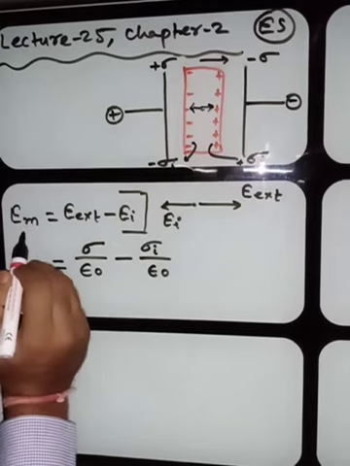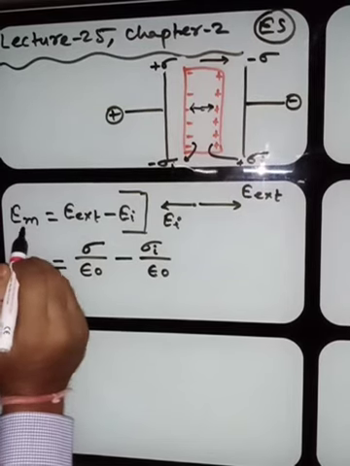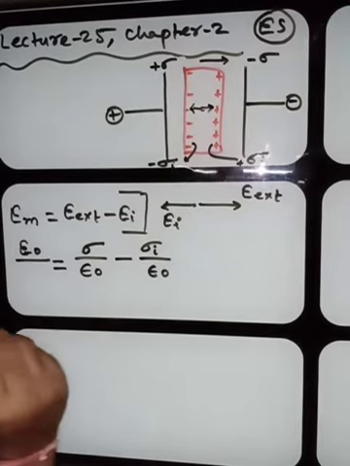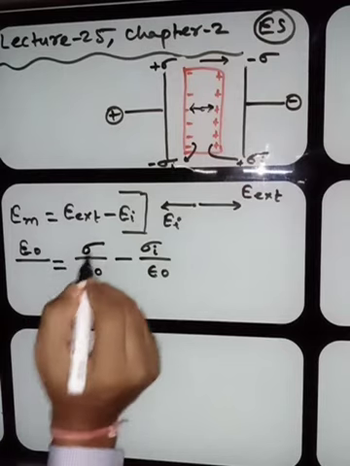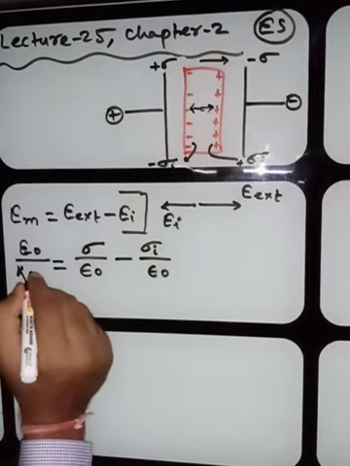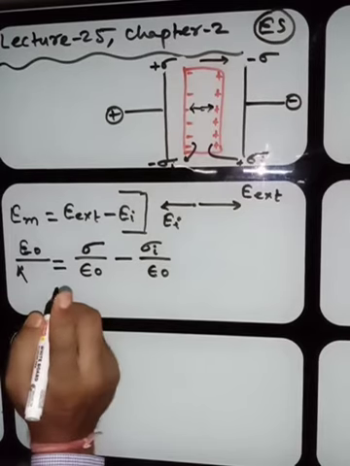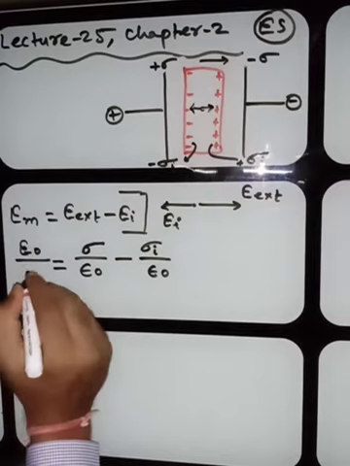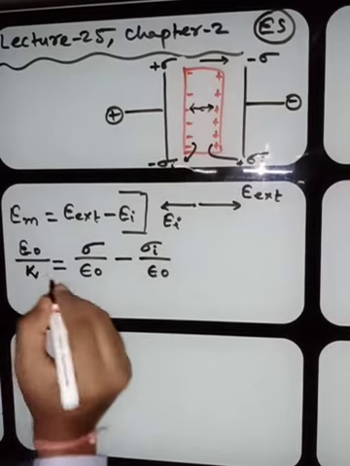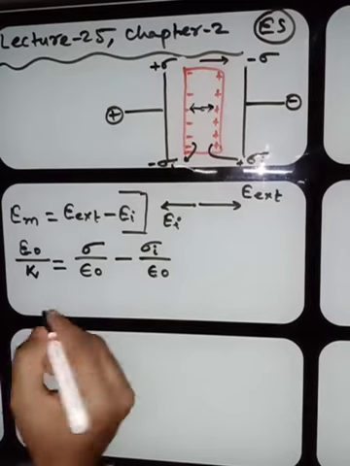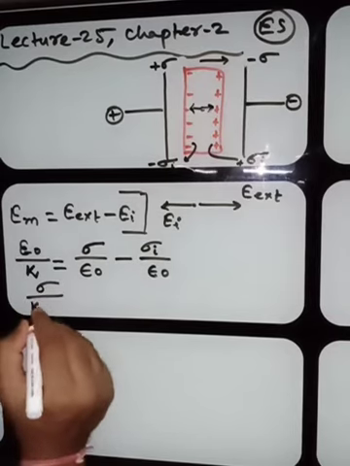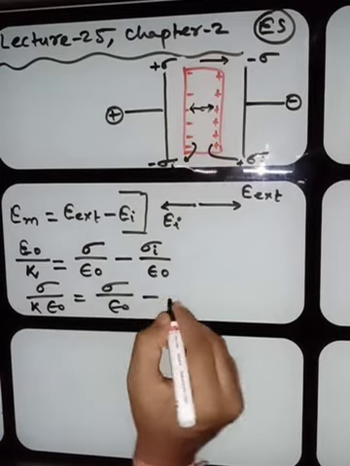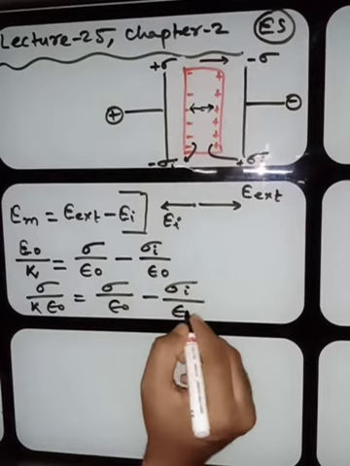It is 1 by k times the electric field in vacuum, so it can be written as sigma by k epsilon naught equals sigma by epsilon naught minus sigma induced by epsilon naught.